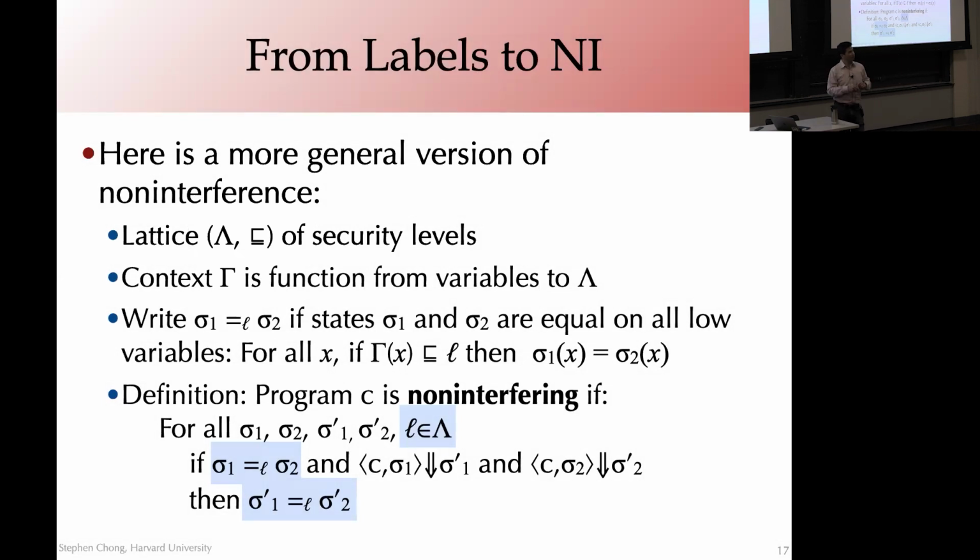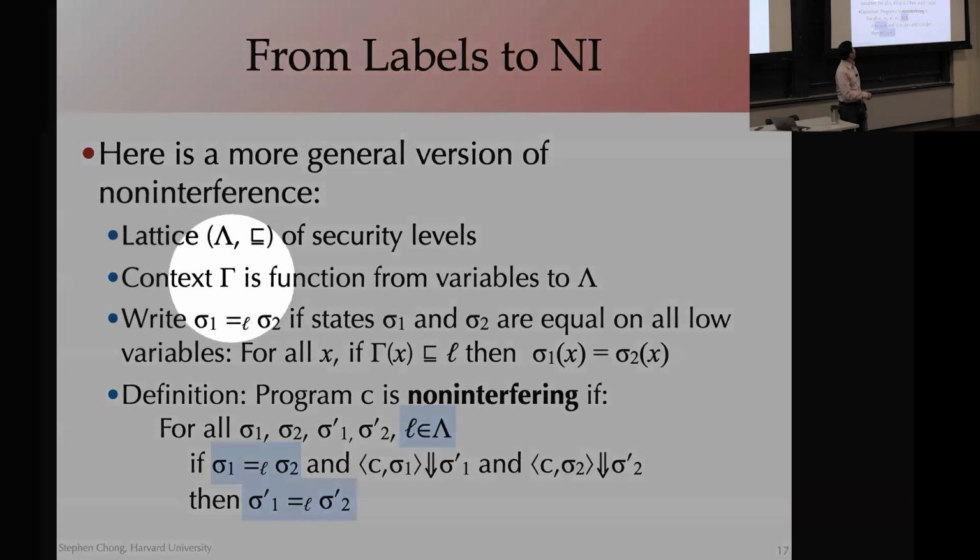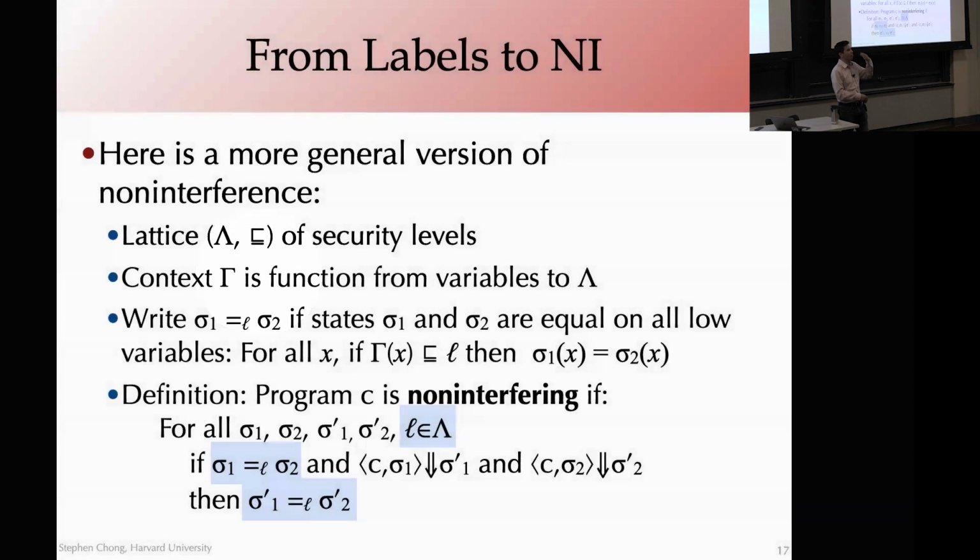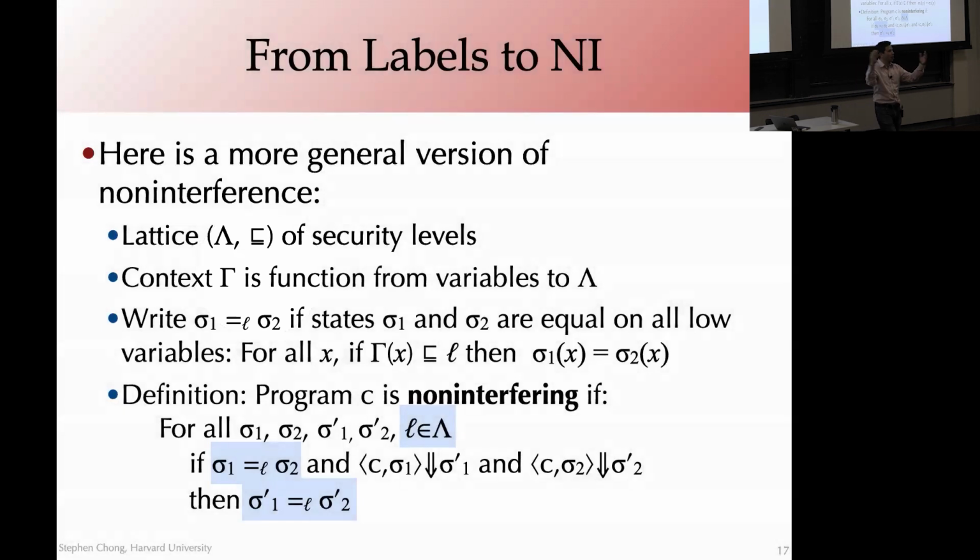So X maps to 1, and if they map differently, one is above L and one is below L? Yes. I'll also note that the context gamma, the thing that maps program variables to labels, is also the same for both executions. And so we don't actually get into that problem you're talking about, where the flow relation or the mapping of variables is different in the two executions. Now this is again a modeling issue.